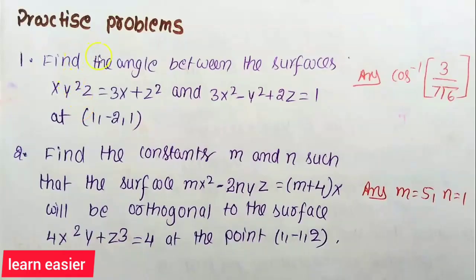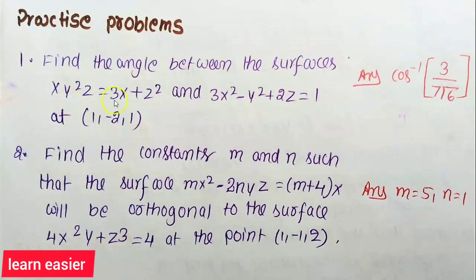Here are the practice problems, and the first problem is you have to find the angle between the two surfaces, that means these two functions at this point. So we have to find the angle. Cos theta equals n1 bar dot n2 bar by mod n1 and mod n2.